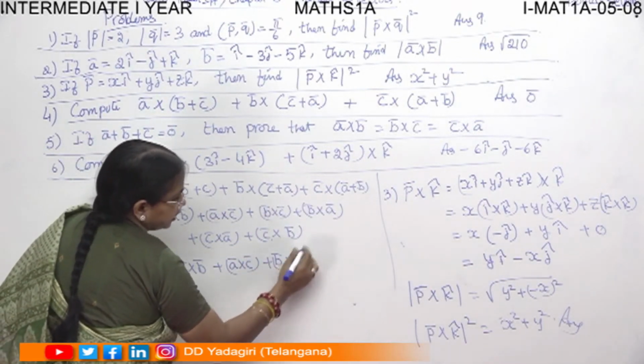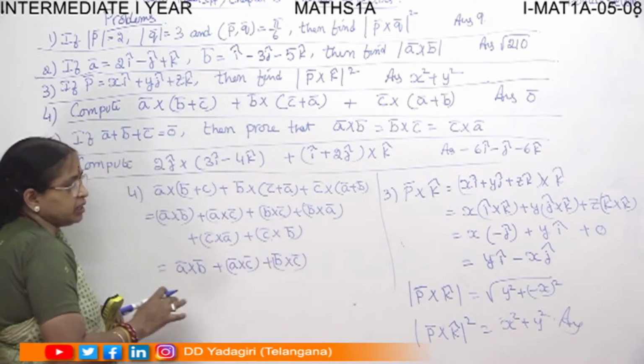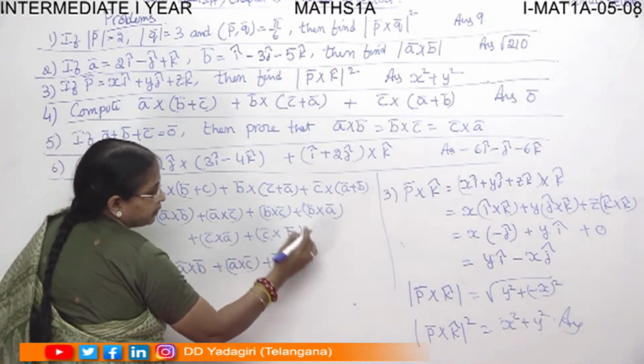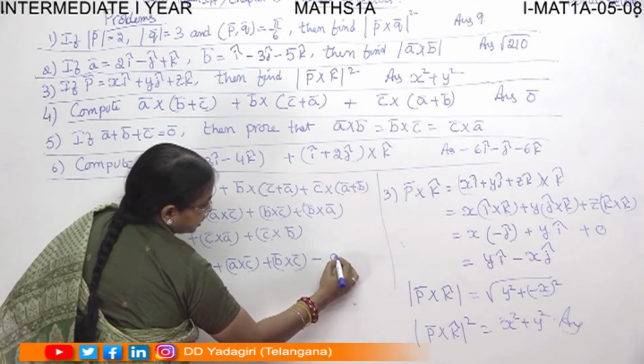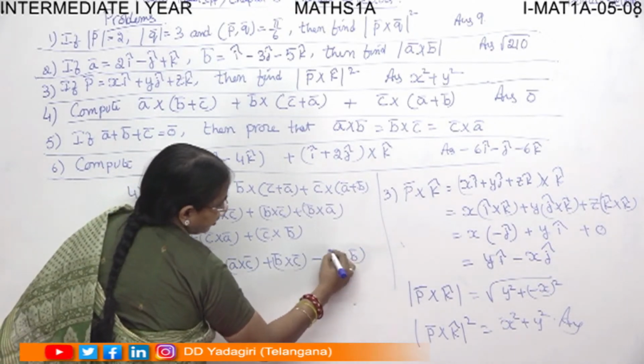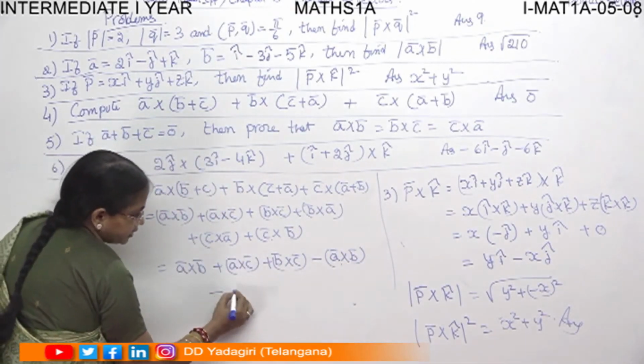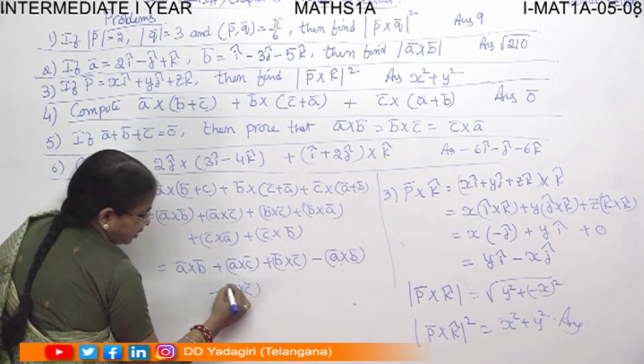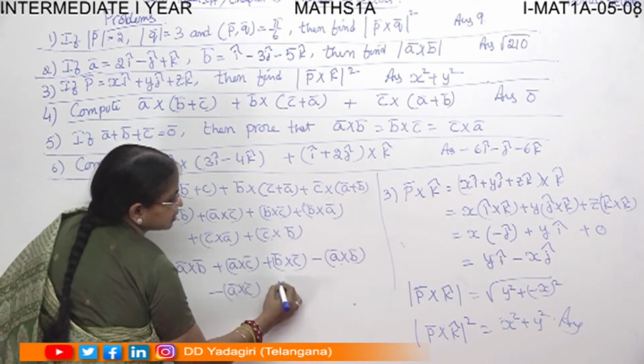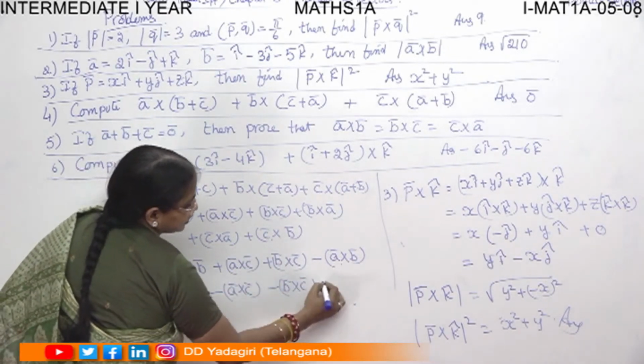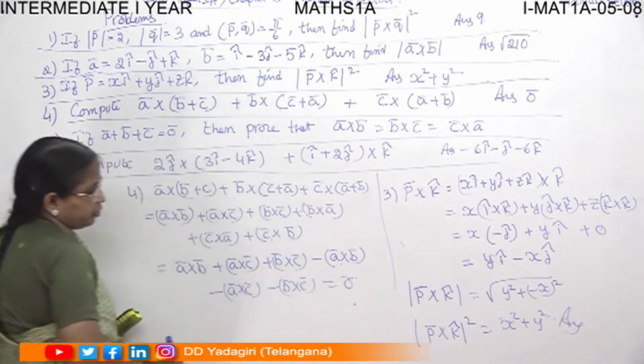And then in these last three, we'll interchange them. Then we should change the sign. So it is minus A cross B, minus A cross C, and minus B cross C. Each of them will get cancelled and you will get 0.